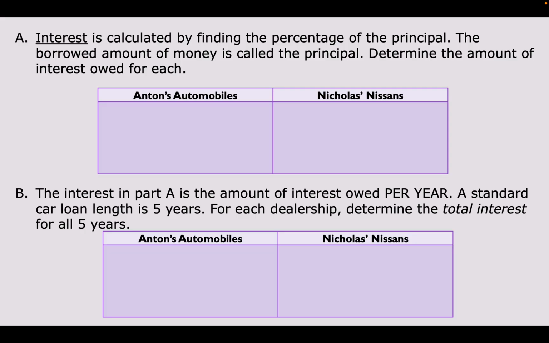If you like to do the triangle method of finding percents, you would simply, for Anton, find 0.0375, which is 3.75% of $25,000, and that gives us $937.50.